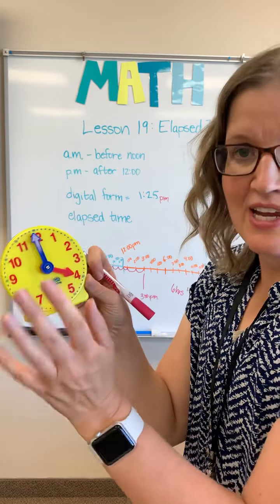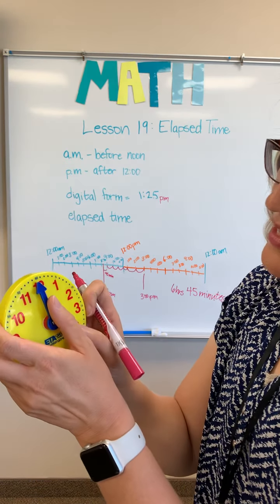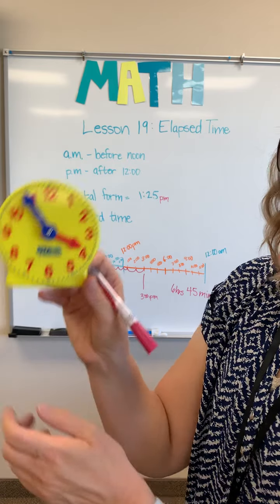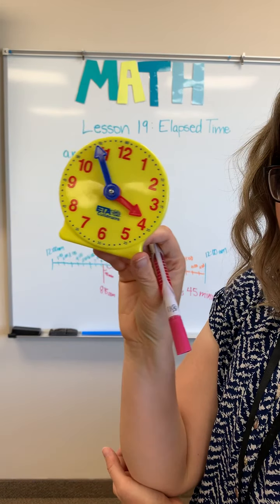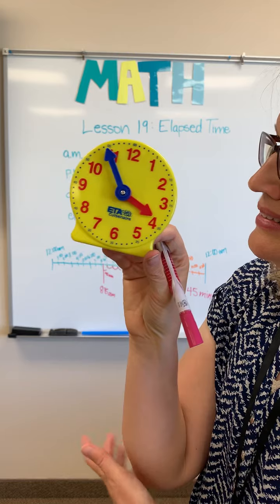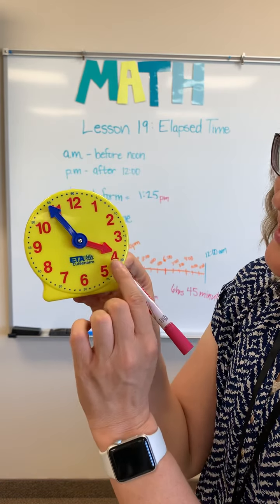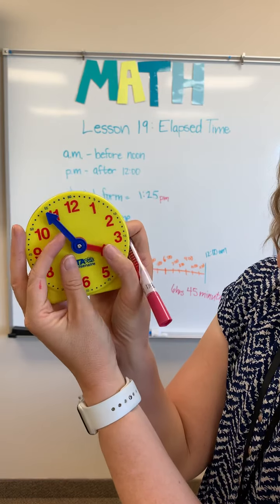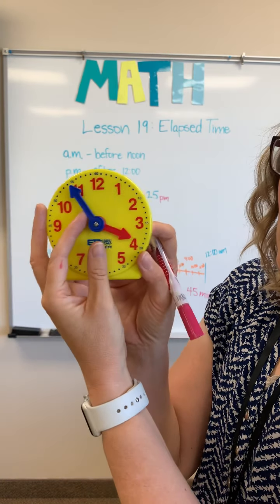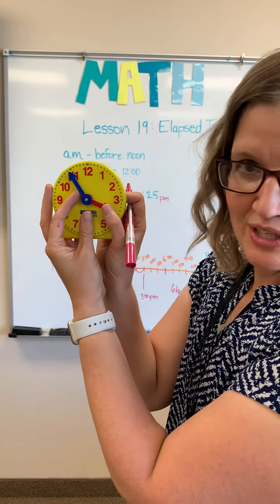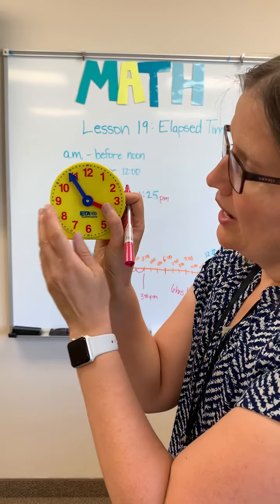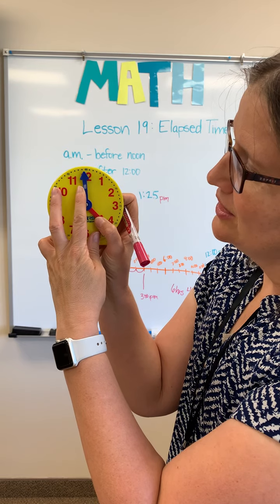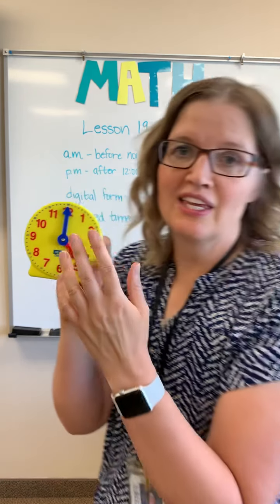Now I have kids who see the clock looking like this and they say, "Oh, Mrs. Daw, it's 4:55." Oh, not quite. It's actually 3:55. It's almost 4 o'clock. So will you make sure to watch that really carefully? And once you know that, it makes it a little easier for telling time.